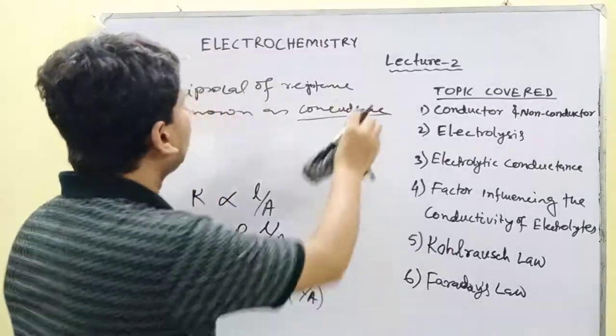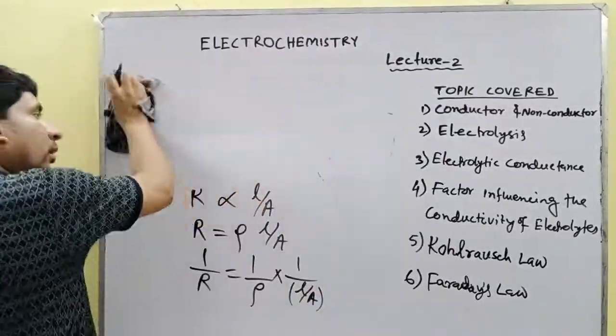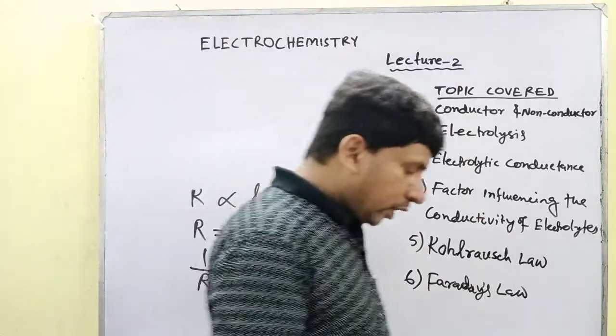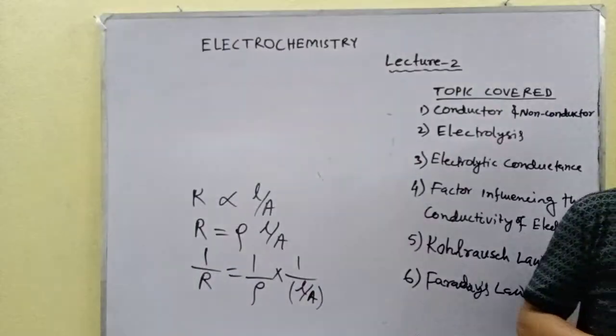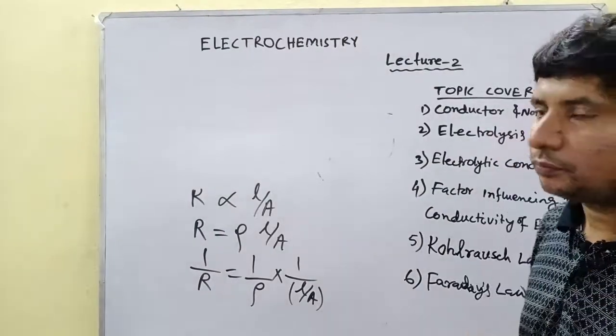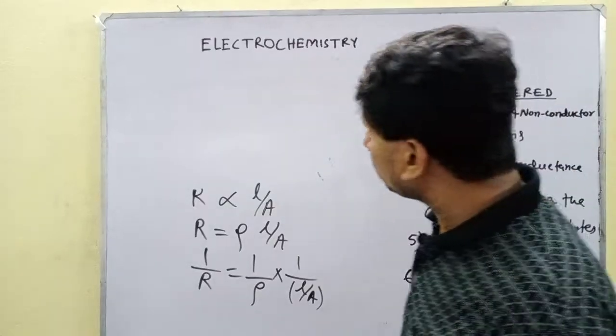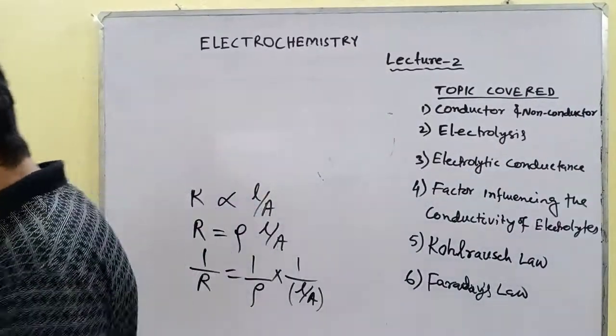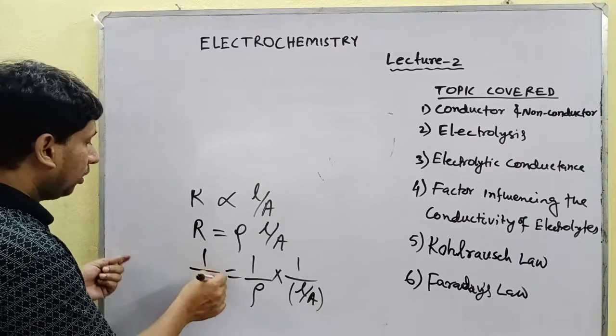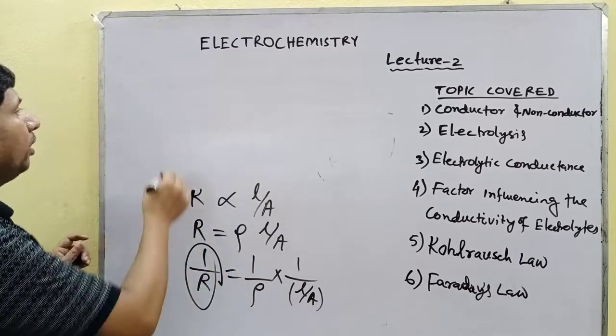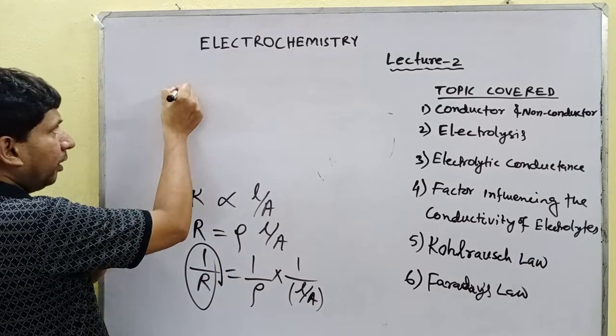Okay, the reciprocal of the resistance is known as conductance. Clear? So what is this? That means this reciprocal is actually lambda.